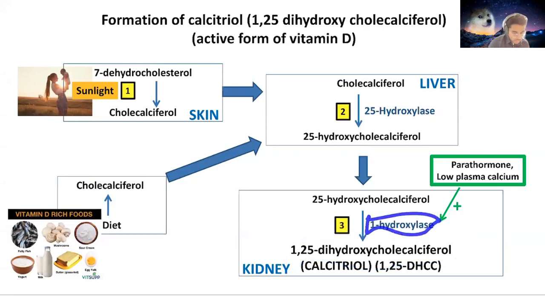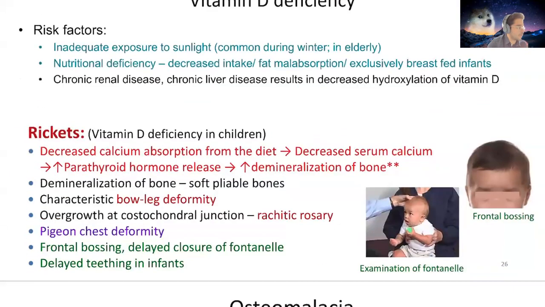And I like to think your kidneys are super involved with this because 1-hydroxylase is upregulated by parathormone, which is your parathyroid hormone. And it's typically stimulated by low calcium levels. This is all your ER concepts. Know these like the back of your hand.